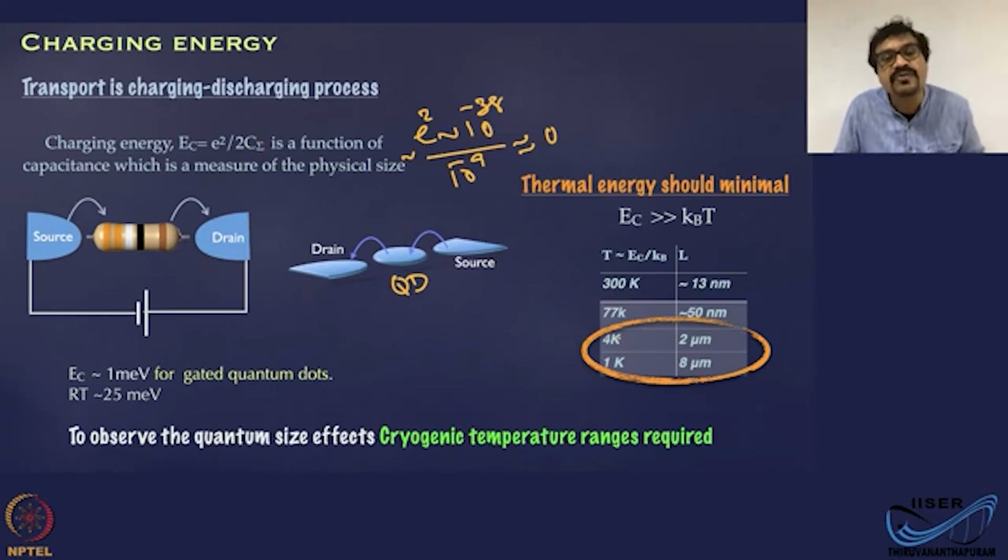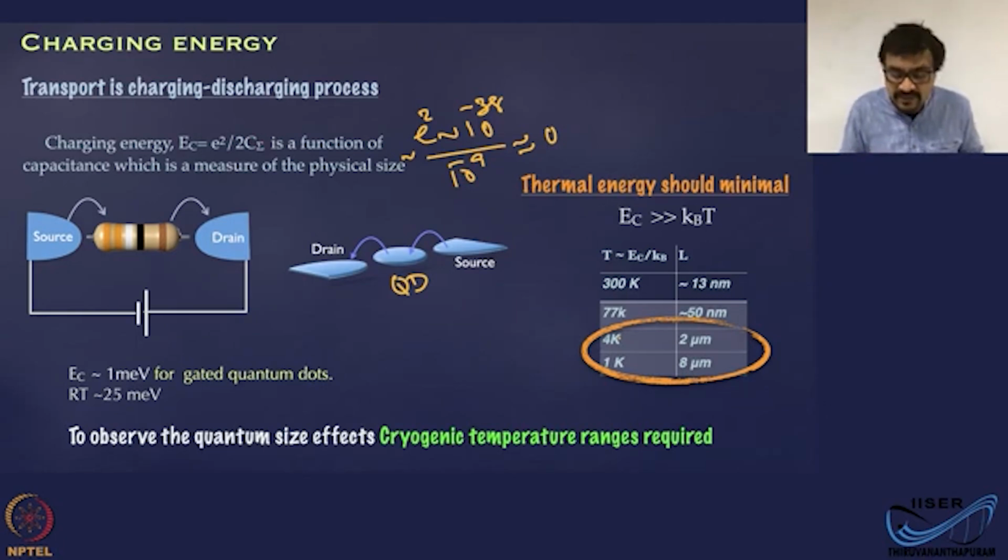This could be in attofarads or even lower, femtofarad, attofarad, even lower. If you work out the number again, you would see that this charging energy EC could be like a milli electron volt. Sometimes it could be even more because the capacitance is very small for this.